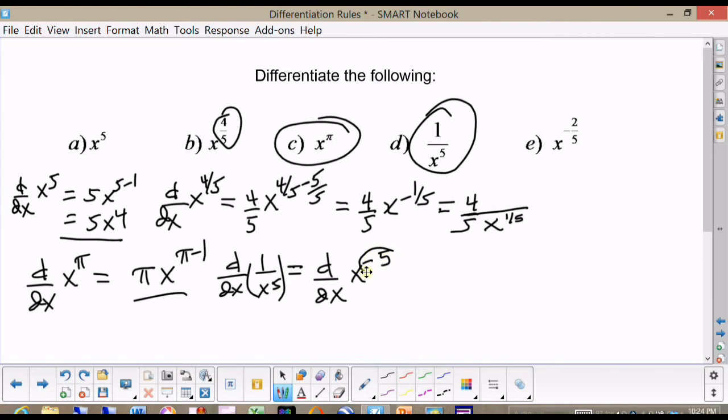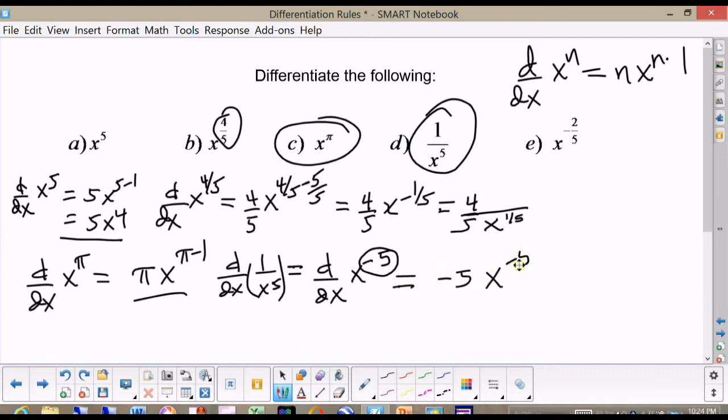So the power is minus 5, and remembering the rule, d dx of x to the n is equal to n x to the n minus 1, we put minus 5 in front, then x to the minus 5 minus 1, equal to minus 5 x to the minus 6. We could leave it like that, or we could make it minus 5 over x to the 6.